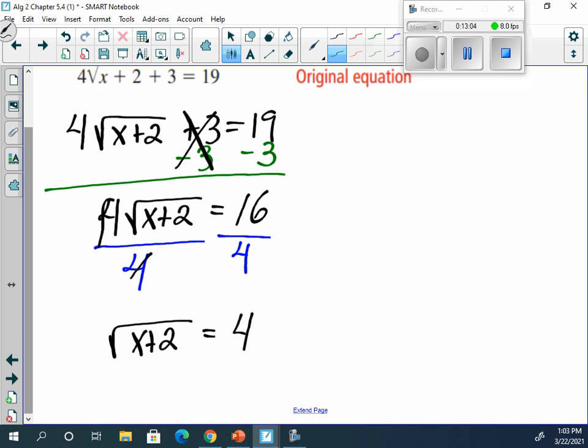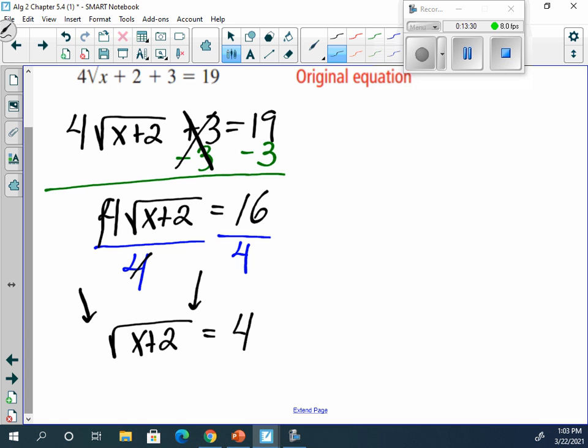No. I mean, we have the x plus 2, right? But the x plus 2 it's inside the radical, yes? So when we look outside the radical, there's nothing left being added or subtracted to it. There's nothing being multiplied out front. There's nothing added or subtracted behind it or in front of it. We don't have anything else besides that radical, correct? So we got the radical by itself.